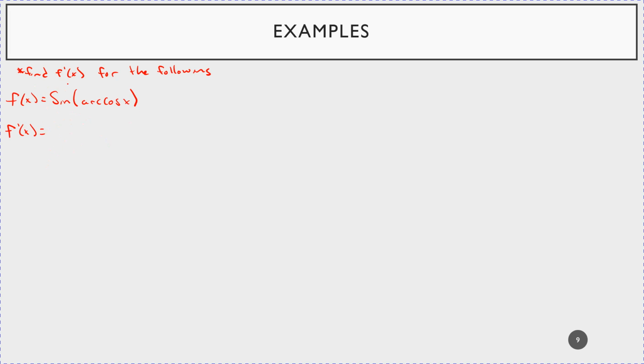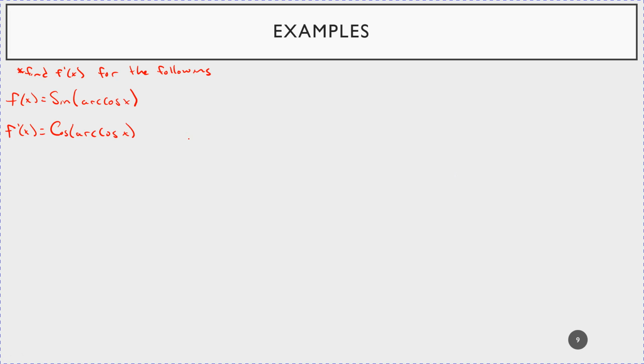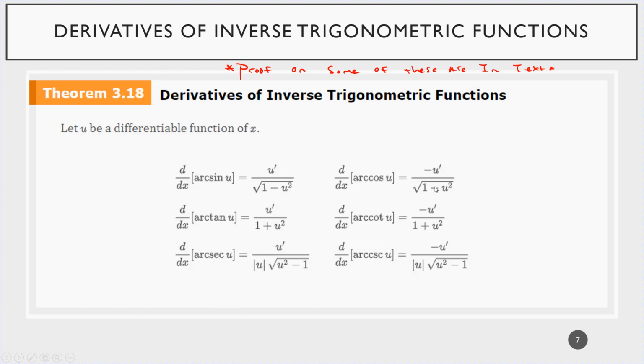So you take the derivative of the outside, which is sine. So that becomes cosine times arc cosine of x, I'll talk about what that cleans up to in a second, times the derivative of arc cosine of x. So you just have to look, derivative of arc cosine of u is minus u prime divided by the square root of 1 minus u squared. Well, the derivative of x is 1, so just minus 1 all over the square root of 1 minus u squared.